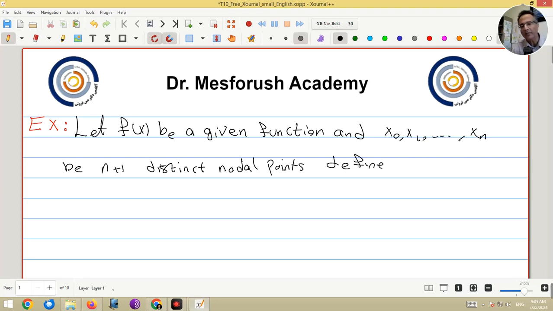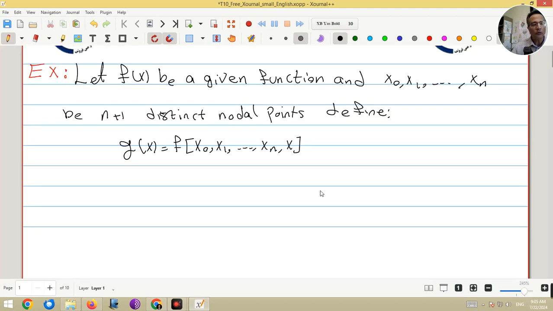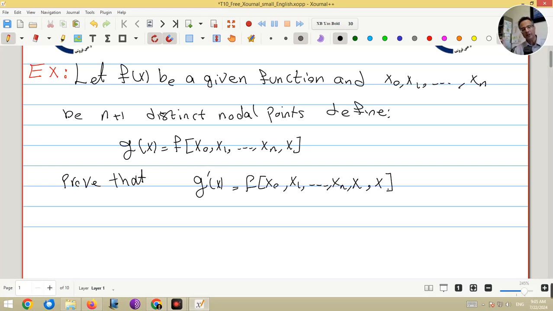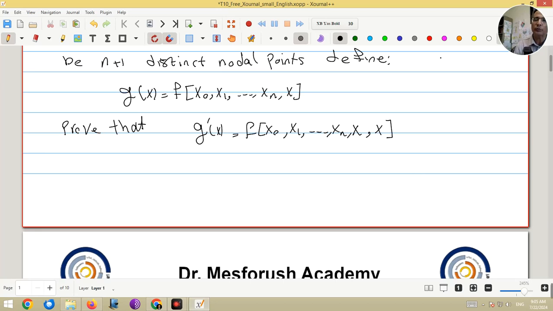Now, if we define g of x equal to f of x0, x1, ..., xn and x, we want to prove that g prime of x is equal to f of x0, x1, ..., xn, x and x. In fact, the divided difference for x0 to xn, x and x. This is the desired result that we want to prove.